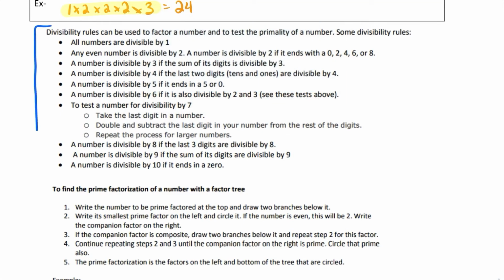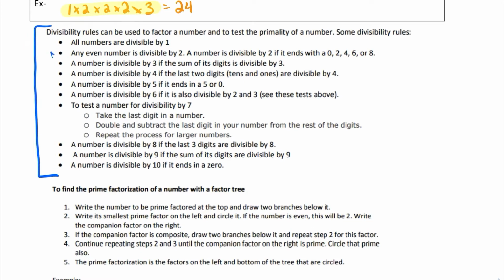What we give you guys here, these are all of your divisibility rules, right? So how do you know if a number is divisible by 1, by 2, by 3? It even covers 4 and 7, which are a little complicated, but you guys can take a look at those later.